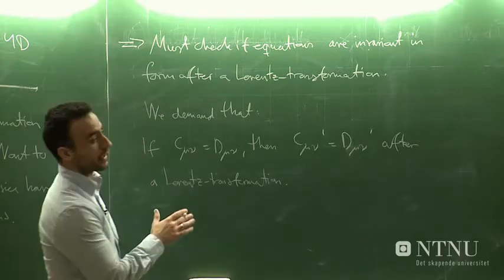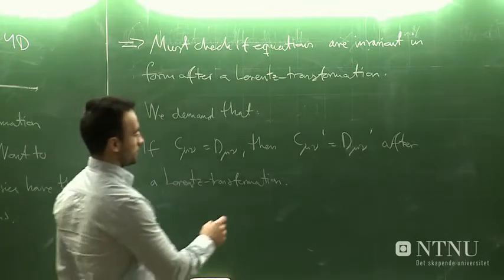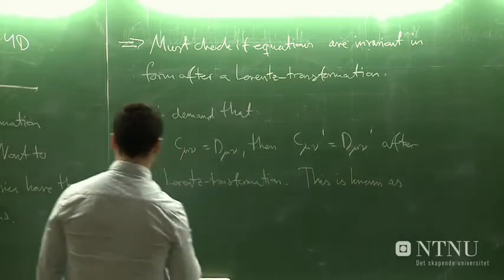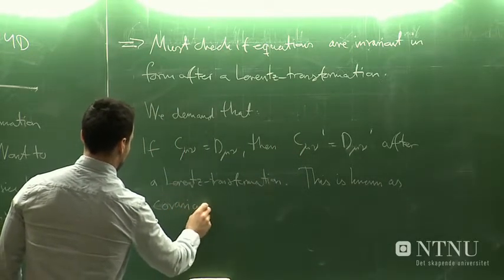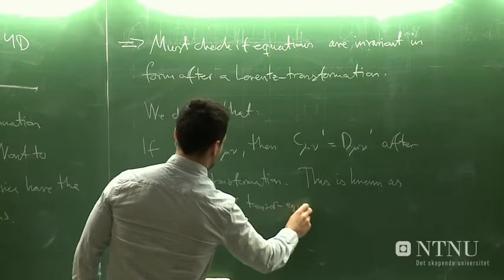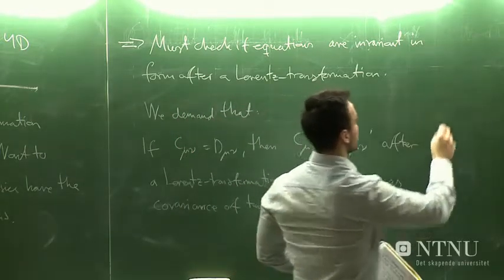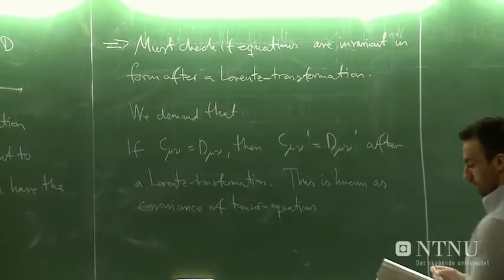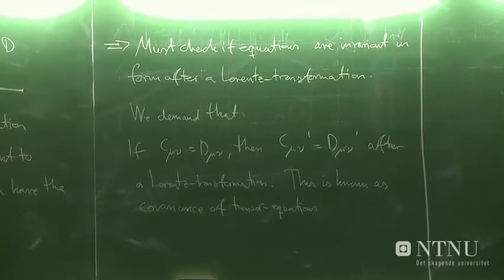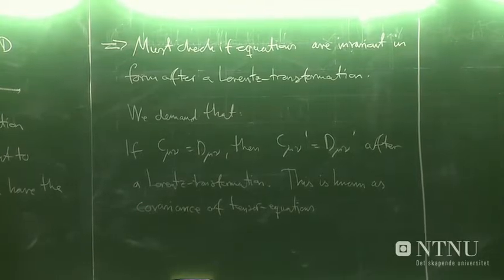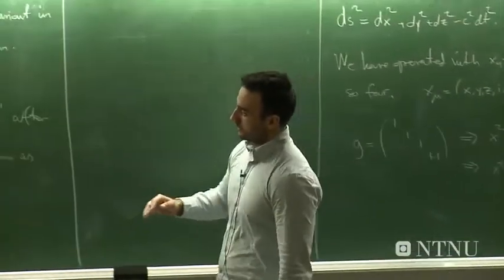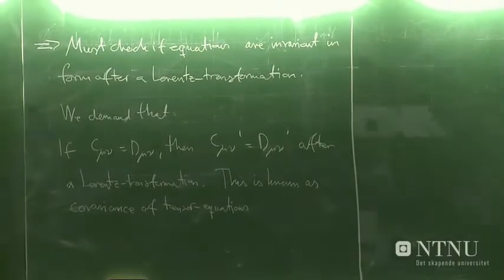And this is known as covariance of the equations. And we'll actually have a quite detailed look at the theory of electromagnetism to see if this holds. Before doing so, we should introduce a couple of preliminaries.